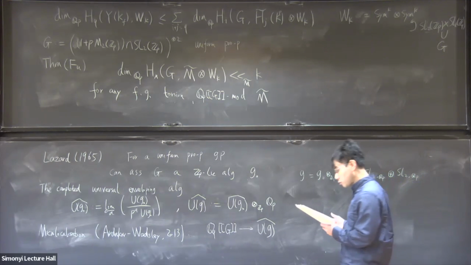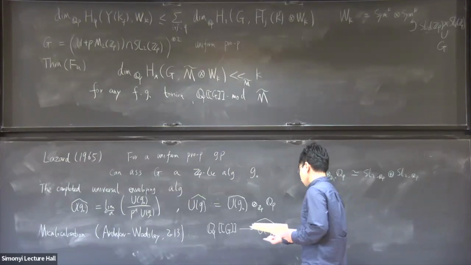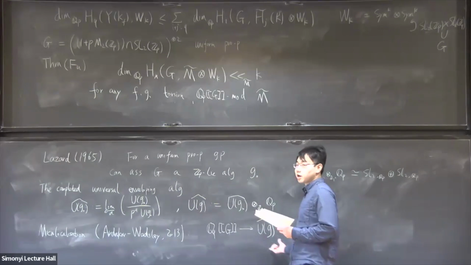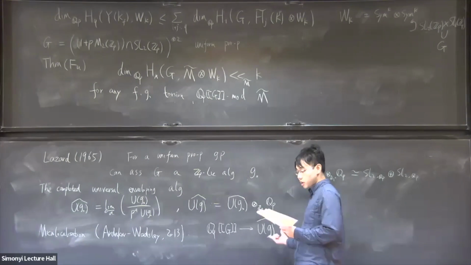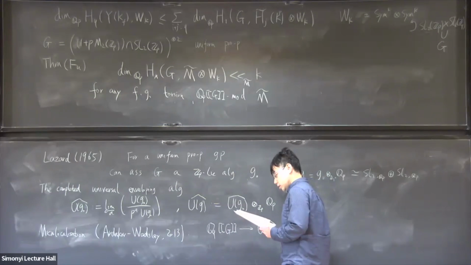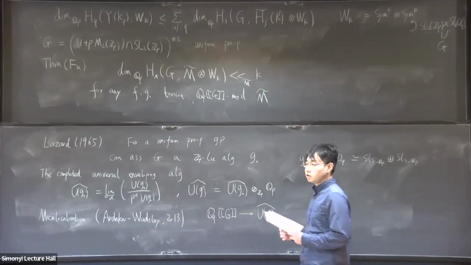So using this map, I can linearize my problem. Is it a homomorphism?